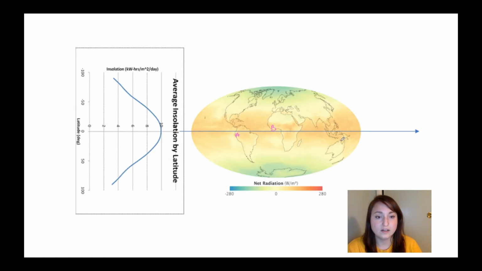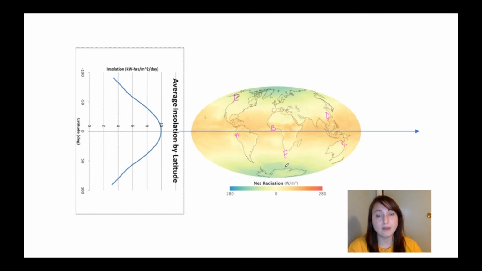B was right here, and C was up at the north of Australia. And then we had D was in China, E was in Alaska, and then F was down here in South Africa.